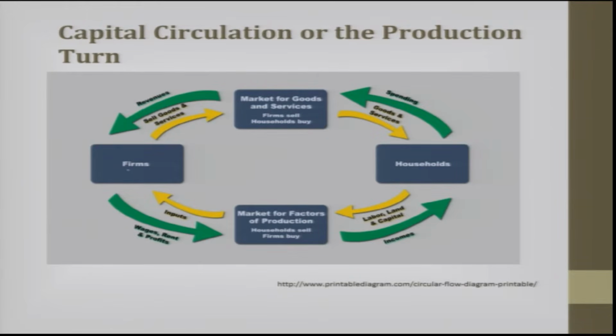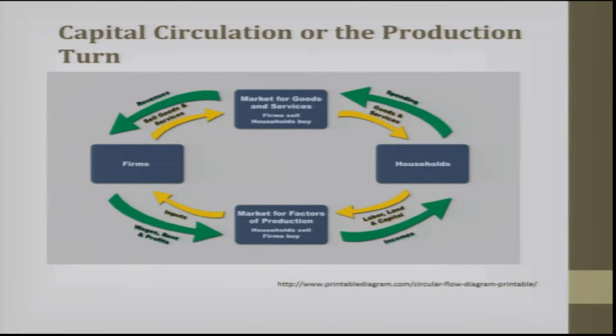If you look at it, the firm is there. Sales of goods and services, market for goods and services: the firm sells to households, and from there you see that the yellow arrow goes in one direction and the green one goes the other way. So, market for goods and services, market for factors of production.